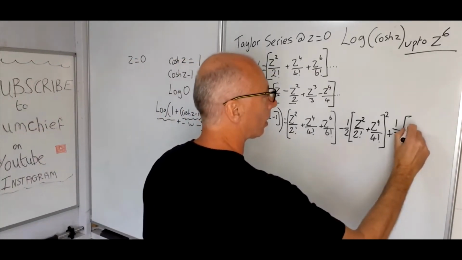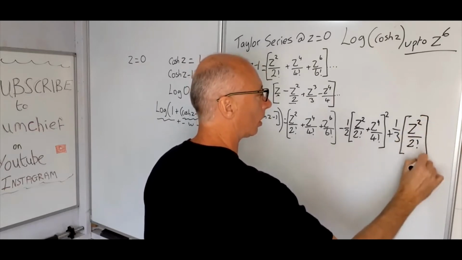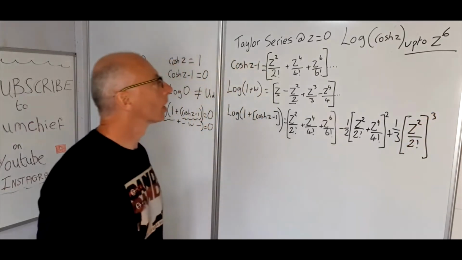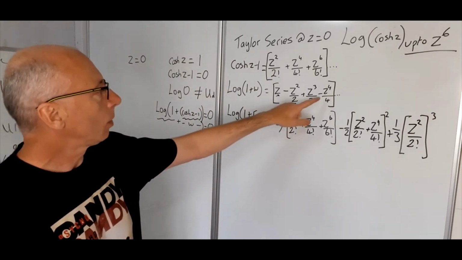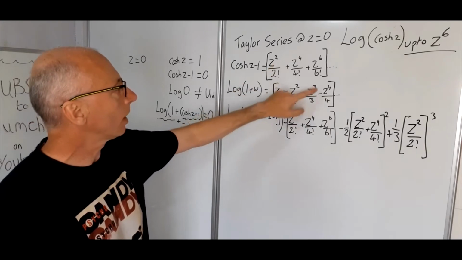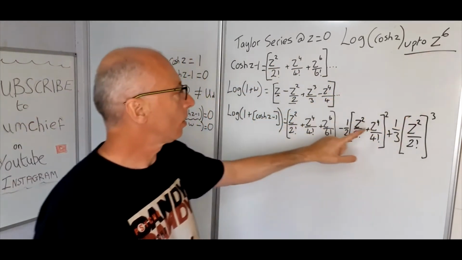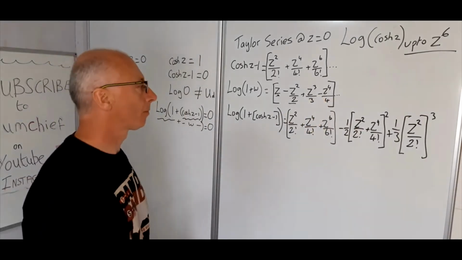So z squared over 2 factorial and then cubed. Okay, now do we need this z to the 4? If you put z to the 4 and z squared, that'll give us z to the 8. So that'll be beyond z to the 6. So we don't need to use this term here now.